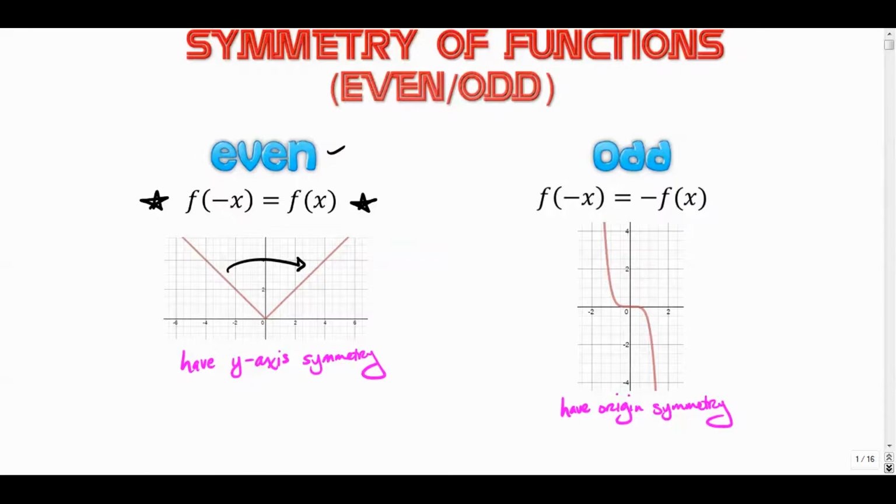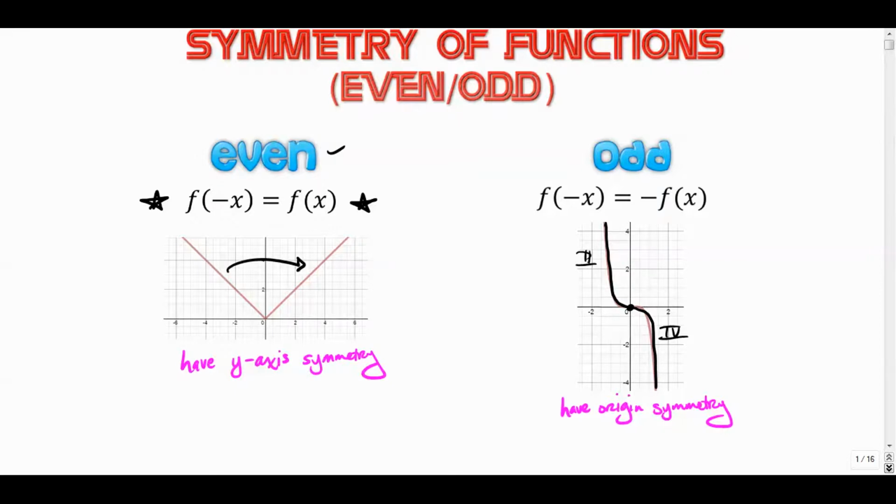If a function has origin symmetry, that means it reflects about the origin, so it sort of rotates 180 degrees, from quadrant 2 down to maybe quadrant 4. This is exactly the same as this.